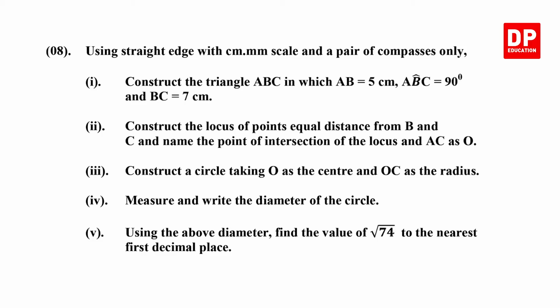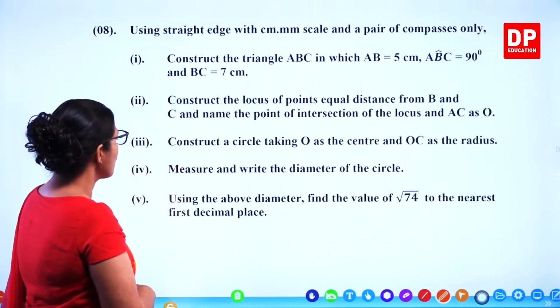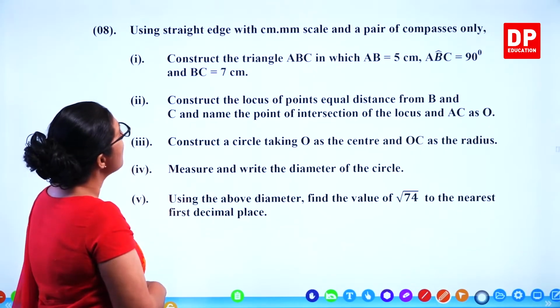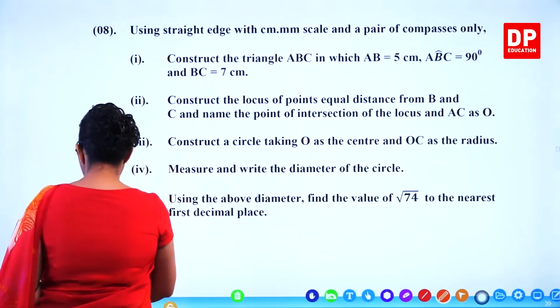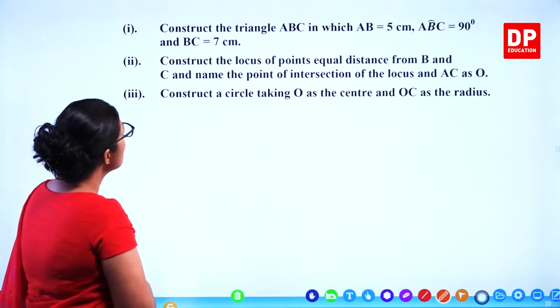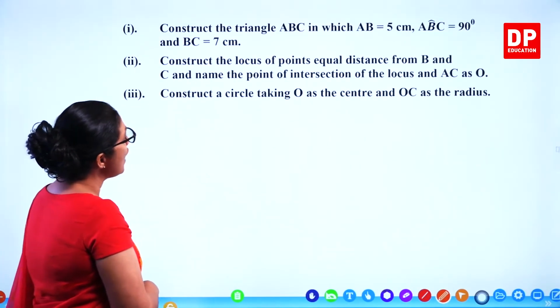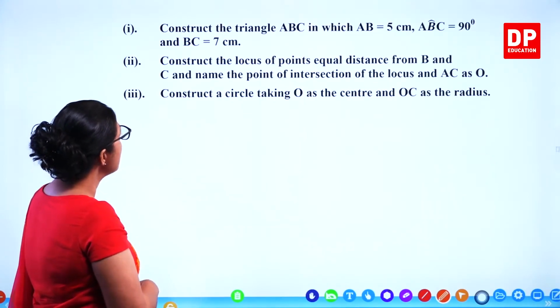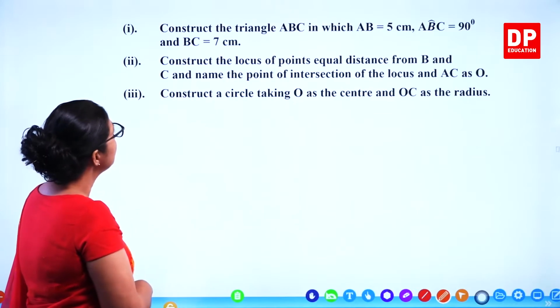We'll take the next one. Next one is about construction question. So you have to construct the diagram using the ruler and the pair of compass. Construct the triangle ABC in which AB is 5, ABC angle is 90 and BC is 7 centimeters.